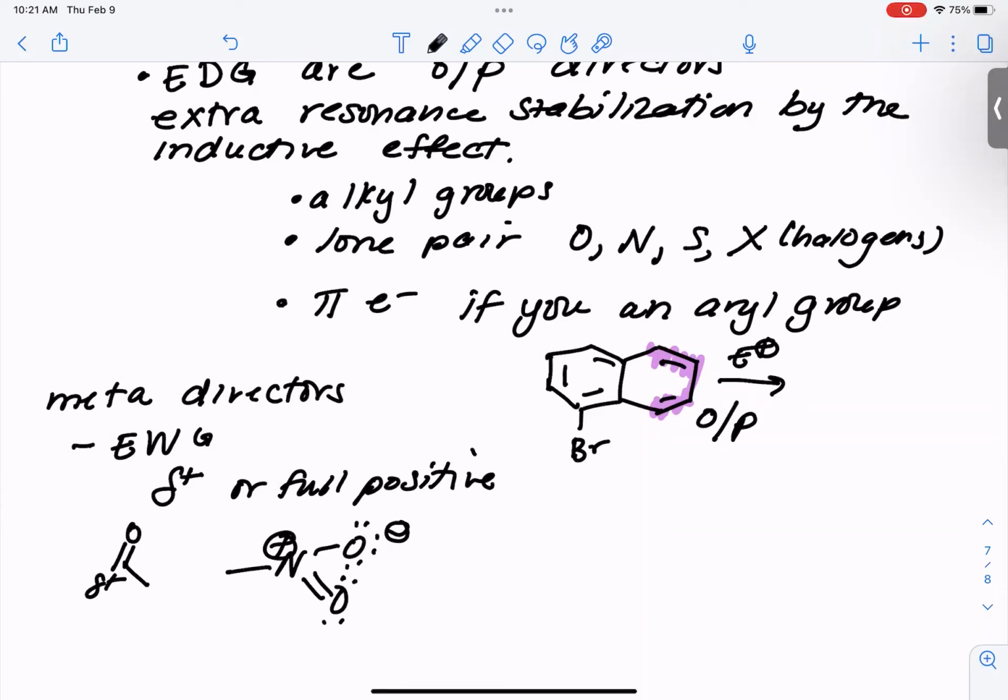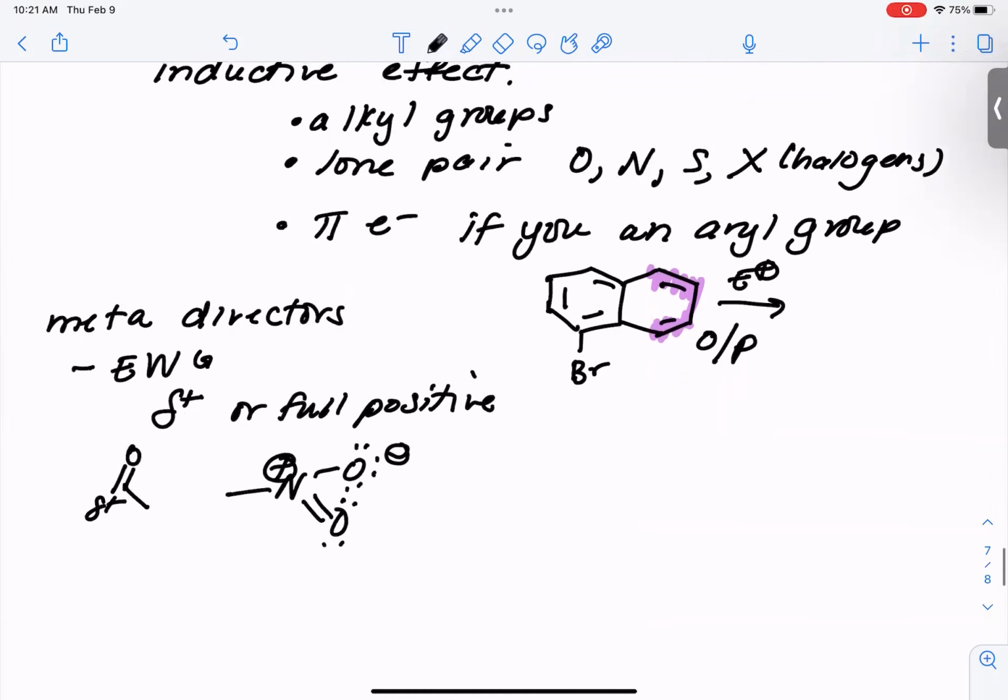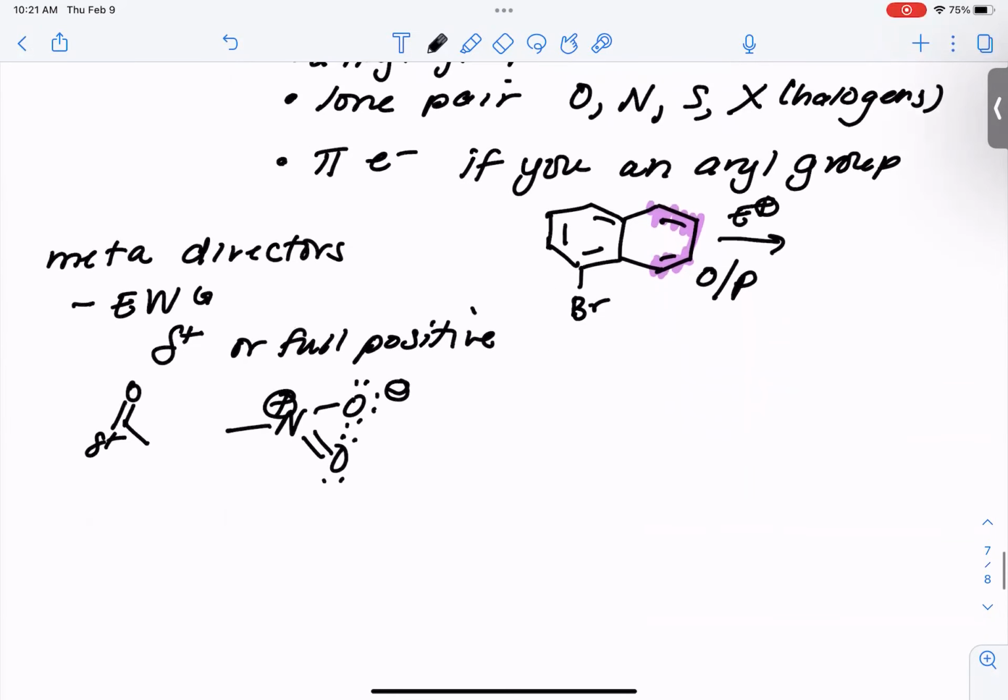So they are going to direct to the meta position. So just to demonstrate this from an example perspective.